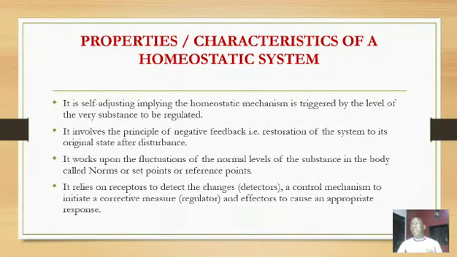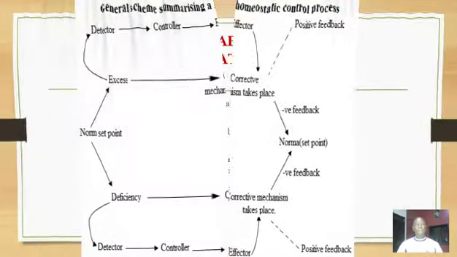One, we are saying that the homeostatic system is self-adjusting. Self-adjusting. What do we mean when we say it is self-adjusting? The homeostatic mechanism is triggered by the level of the substance itself. What do we mean?